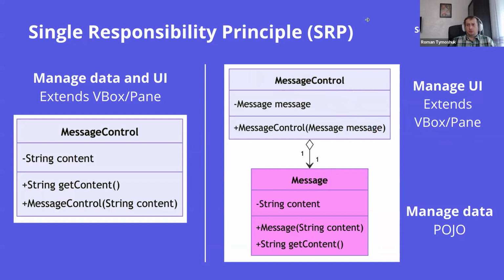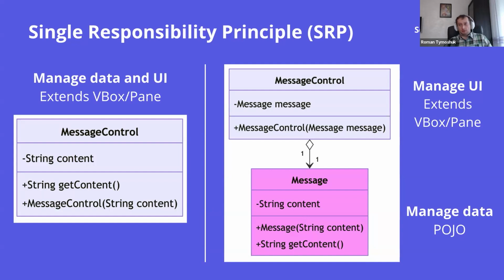Again, we can use a different example, like car and garage. Garage has a responsibility to store the car and any kind of additional equipment. And car is responsible for driving, having passengers, and storing some goods. The responsibilities are different.